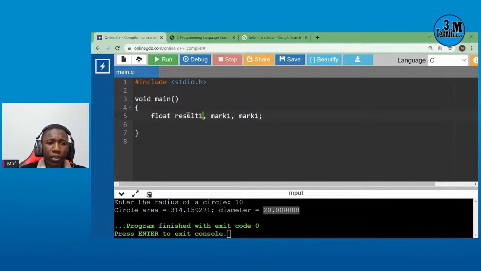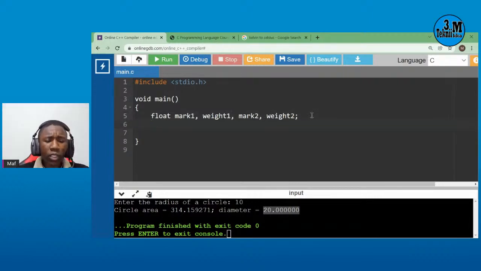The student has the result 1. This is the weight. Am I writing weight well? This is the weight 1, the weight of this mark in the final average, okay? This will be the mark 2, and this is the second weight related to this second mark.